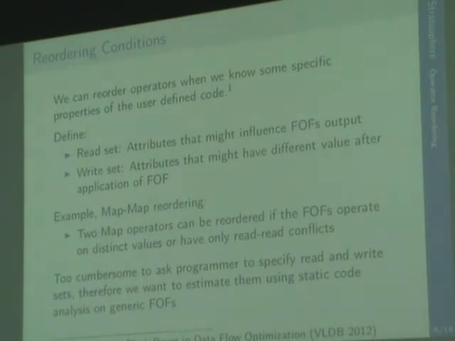And what is also obvious, we could ask the programmer to just specify these read and write sets, because the programmer obviously should know what he does in his function. But we also want to be able to optimize without asking the programmer to specify this. So we want to look inside the user-defined code and use static code analysis to derive estimates of these read and write sets.